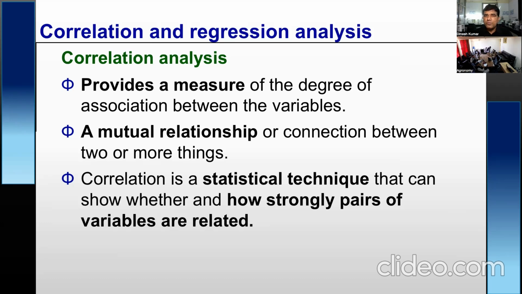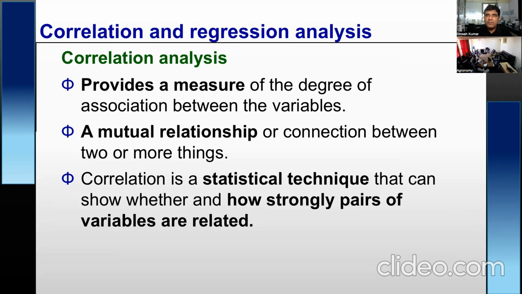So these two variables are related. Therefore, we can say that plant height and dry matter have some relation. Similarly, if your number of leaves increases, the leaf area index also increases. That means these two variables, number of leaves and leaf area, have some relation. Therefore, it is called correlation.